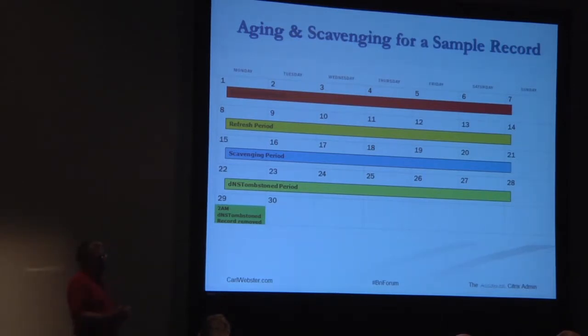They are finally removed from the bowels of Active Directory. So from the time I created that VM, created the DNS record, shut down that computer, it is 29 days before that record is removed from Active Directory.